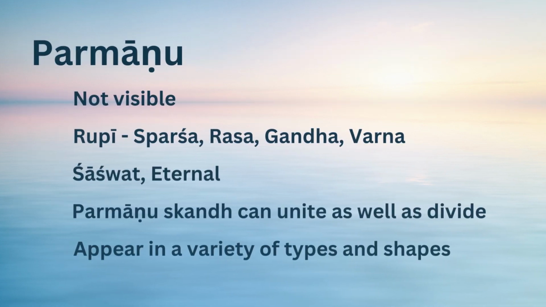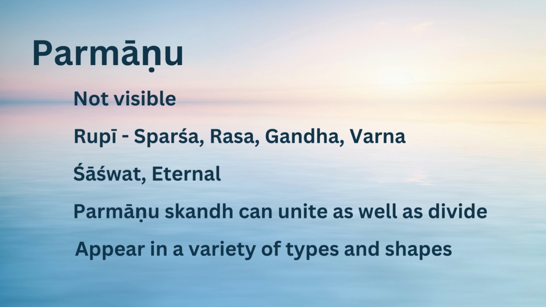Nevertheless, it is treated as Rupī because of having the special attributes of Sparsha, touch, Ras, taste, Gandha, smell, and Varna, visible form. Parmāṇu is Shashvat, meaning eternal or permanent. Its skandha can unite as well as divide. They appear in a variety of types and shapes.